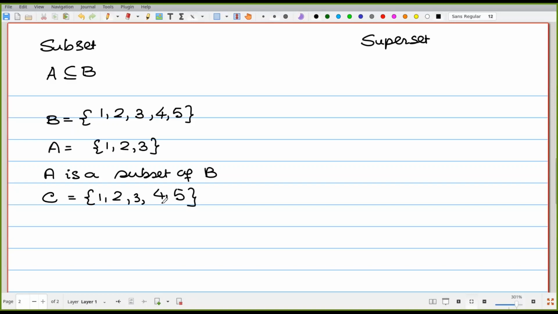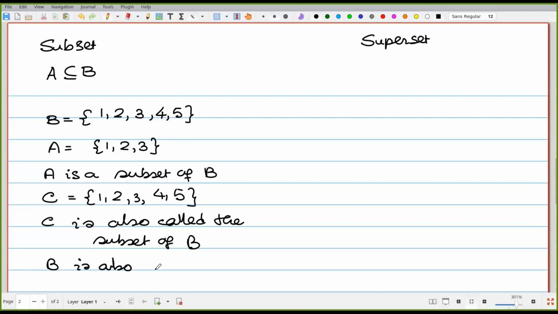So that C is also called a subset of B. Now you may say B is also a subset of C, because all the elements of B are also present in the set C. That is the case where we write B is a subset of C.